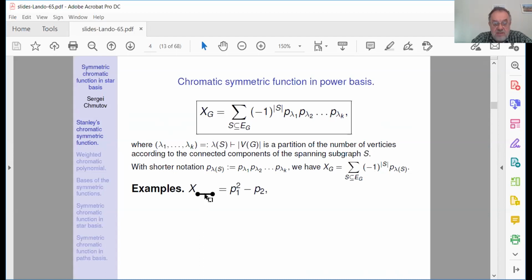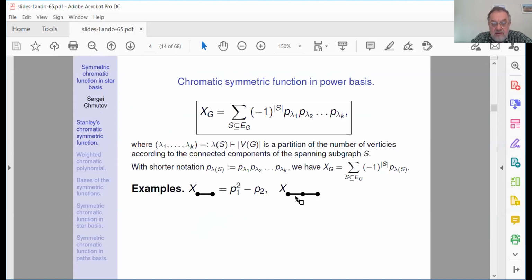If it is the empty set, then there are two connected components there, and each of them has one vertex, so that corresponds to this term p1 squared. And if I take the whole edge, the only edge here, then I will get only a single connected component, so it will be only one p in that product, and there are two vertices, so p sub 2. That is what we have here.